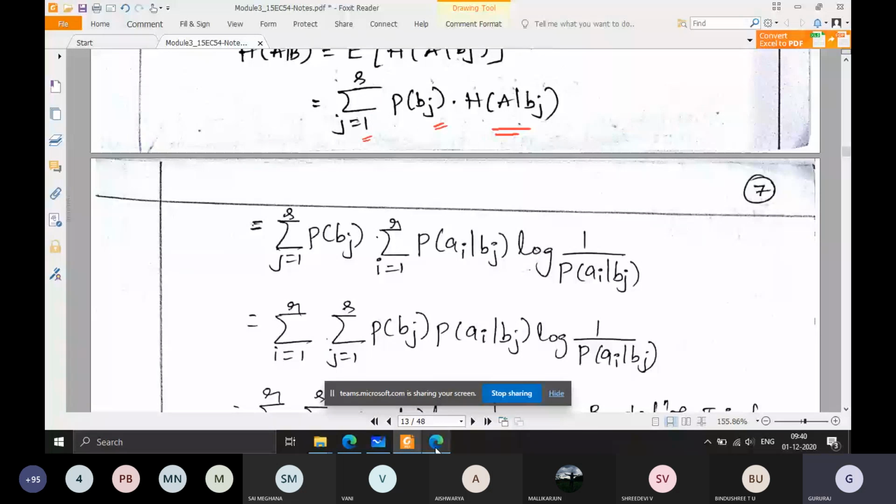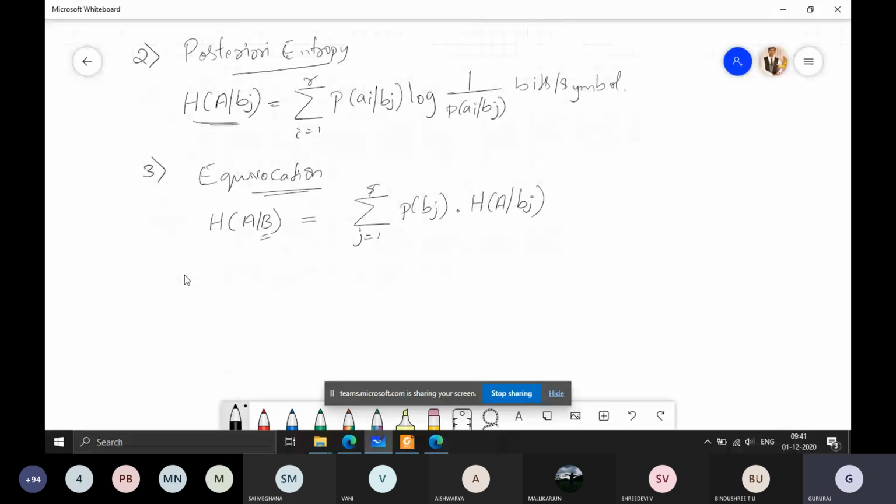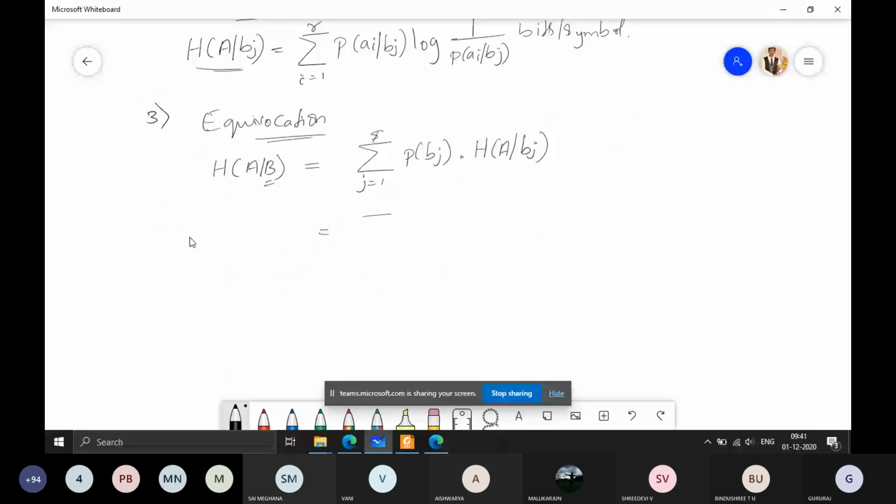So H of A by B is equal to summation j is equal to 1 to S, so that you consider all the output symbols, into the conditional entropy or the posteriori entropy H of A by Bj. This will be equal to summation j is equal to 1 to S P of Bj, and we just substitute the value for H of A by Bj.